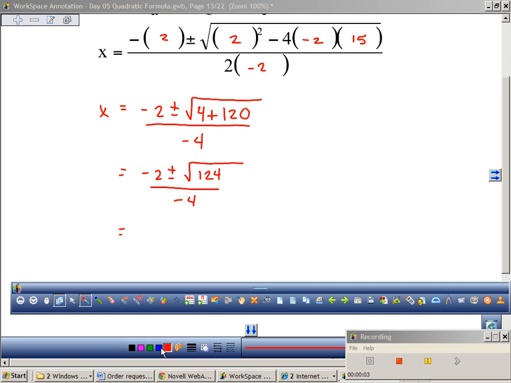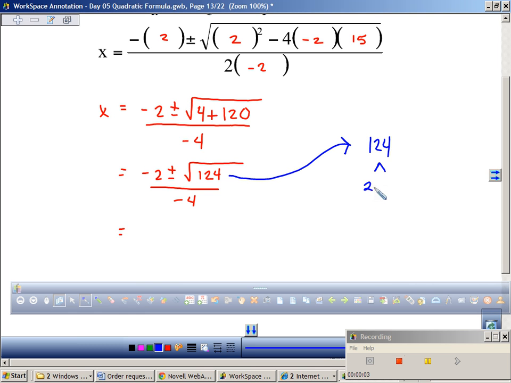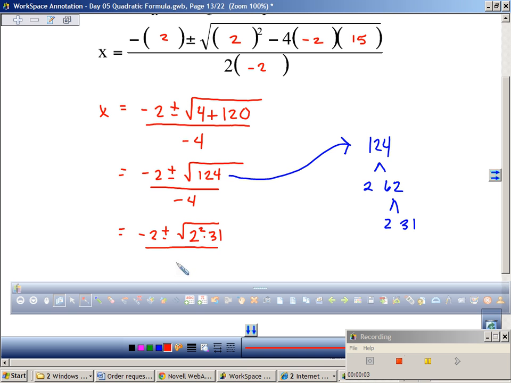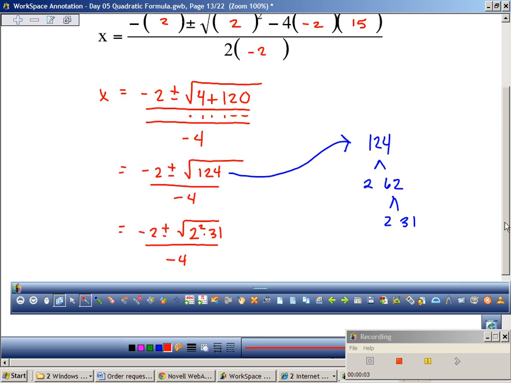How could we make, how does 124 factor? Oh, you guys already did it. 2 times 62 makes 124. 2 times 31 makes 62. So I could factor this out as negative 2 plus or minus the square root of 2 squared times 31 all over negative 4. Are we done?